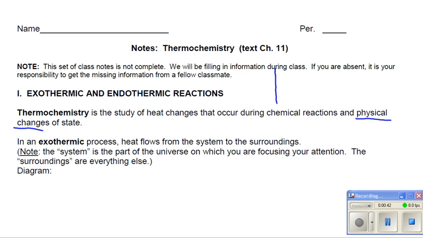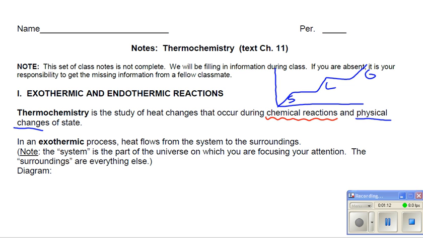You may remember the phase change diagram, where we measured heat changes between phase changes, so solids, liquids, gases, etc. In this unit, we're going to use a different diagram that emphasizes heat changes during chemical reactions. So now we're into the more chemical side of chemistry.